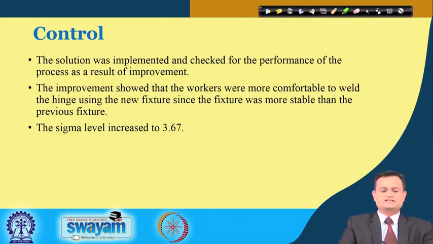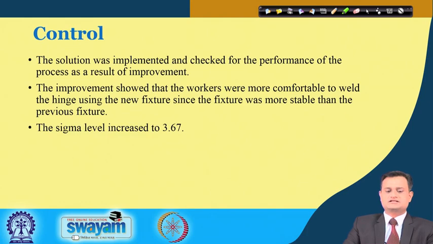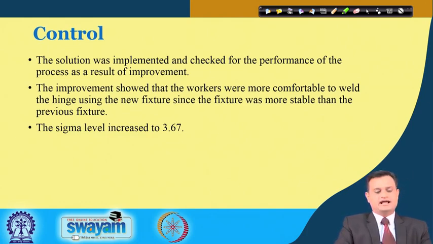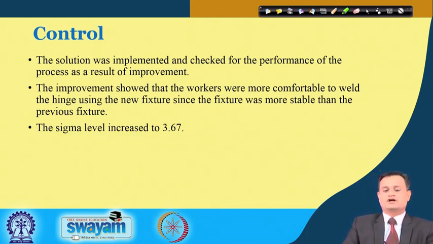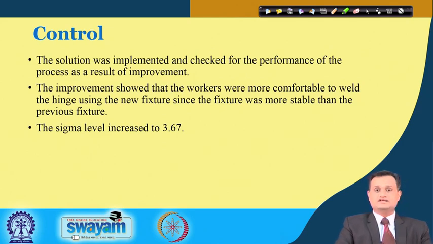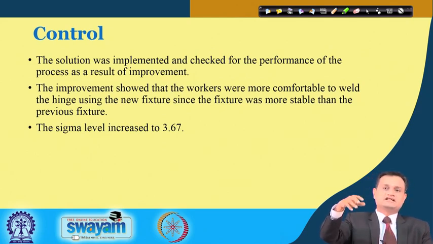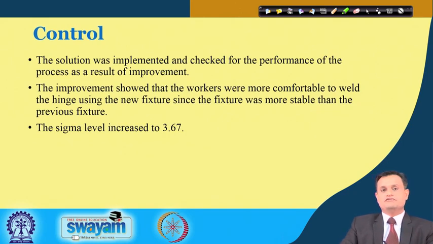Finally, in the control phase, the solution was implemented and checked for the performance of the process. The improvement showed that workers were more comfortable to weld the hinges. They were having better hand control. So with this new fixture or additional sheet, they were more comfortable and hand movement variation was reduced.